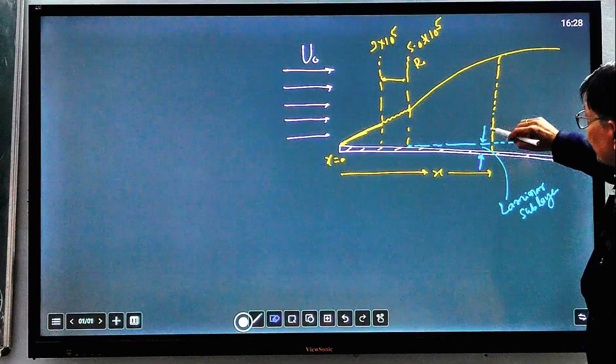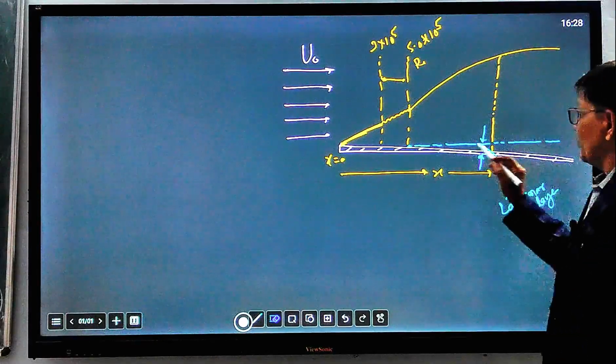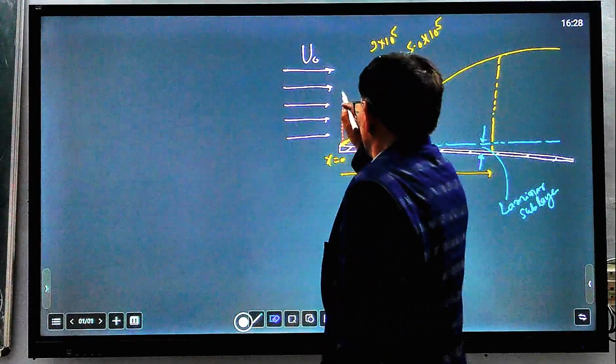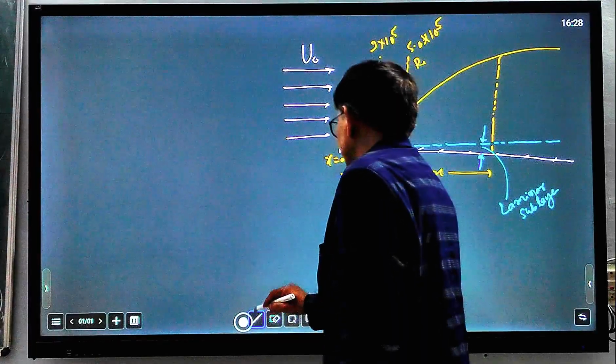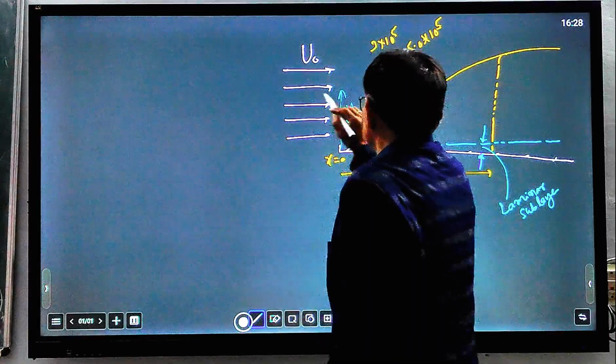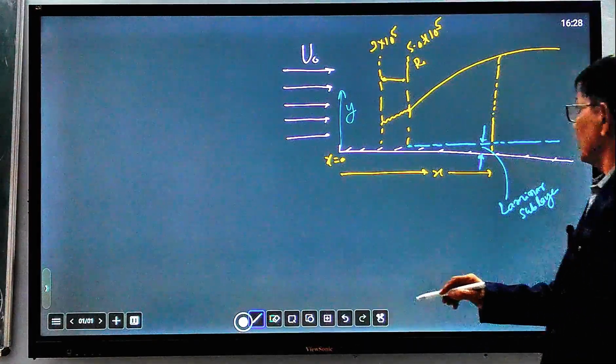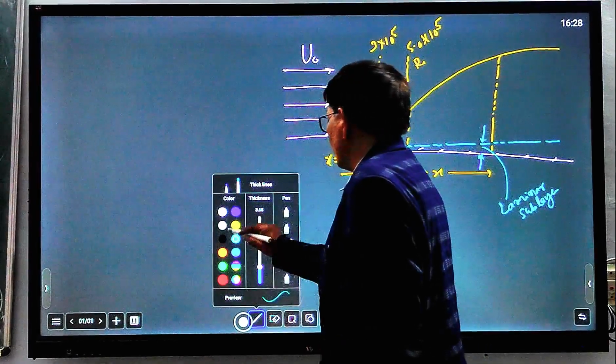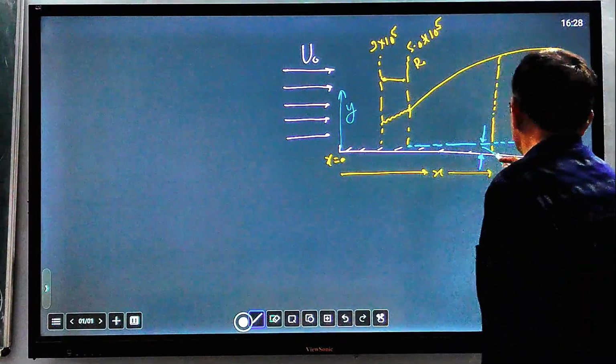The boundary layer increases when we move upward in the y direction. If we draw a velocity profile here, you will find a profile like this.